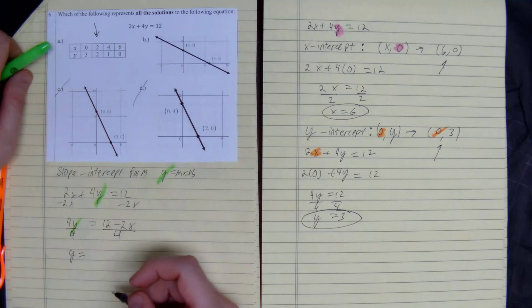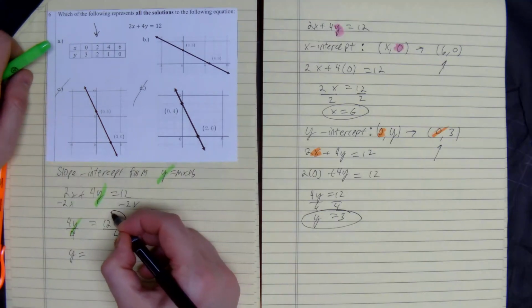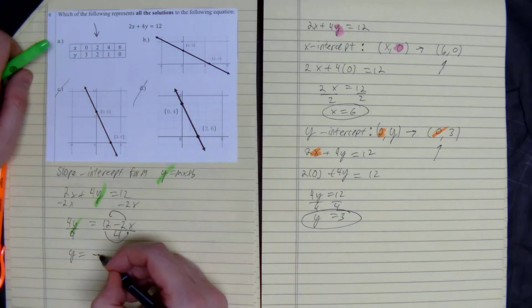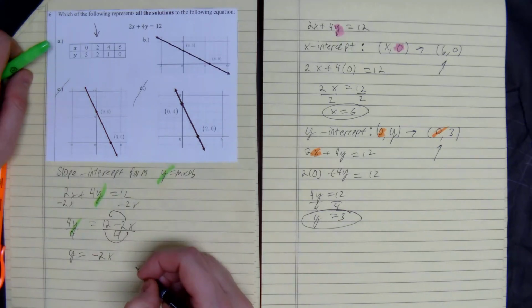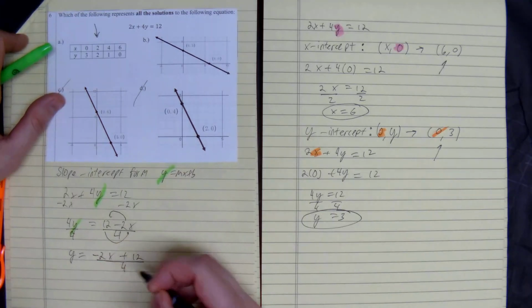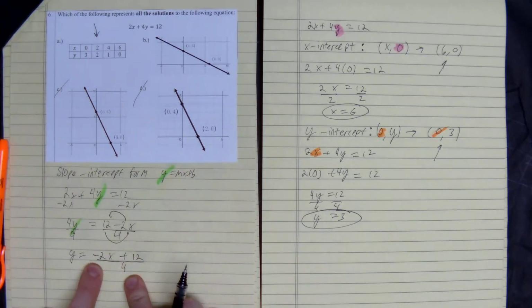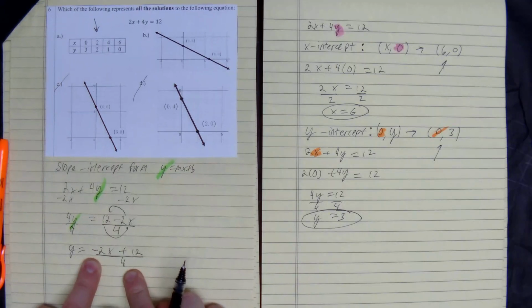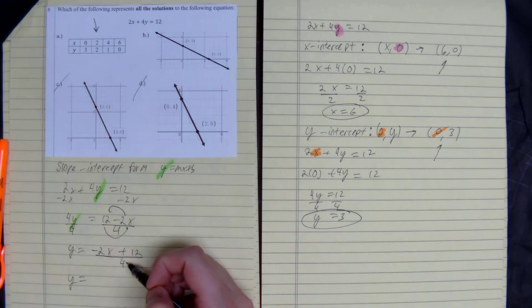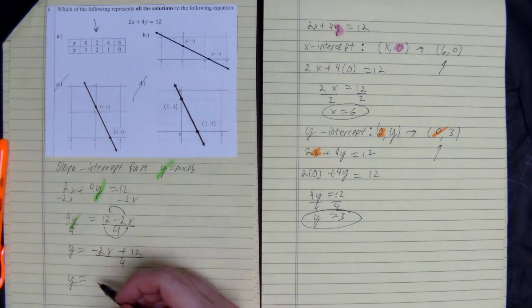Y is equal to, I'll swap these, so we get negative 2x plus 12 over 4. Well, let's simplify. Since this goes to both terms, 2 and 4 have a GCF of 2, so we divide by 2.